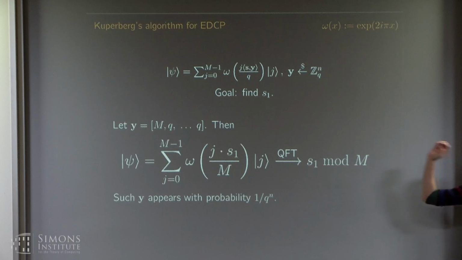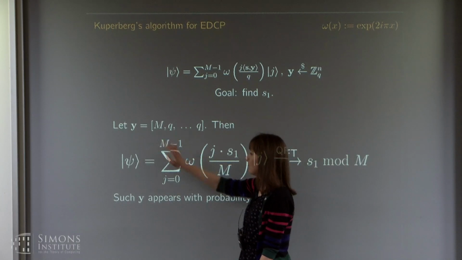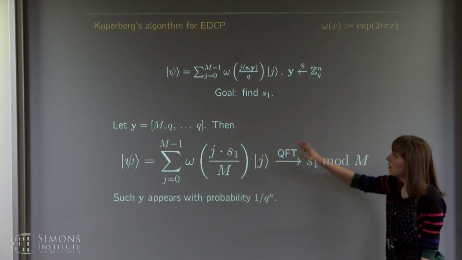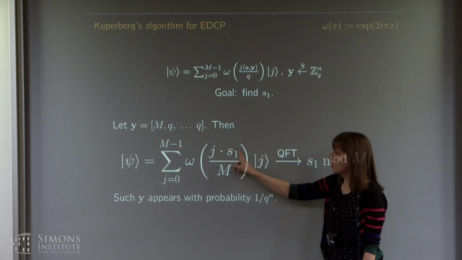That should be M over Q, so sorry. So in that case, this inner product will give you this.